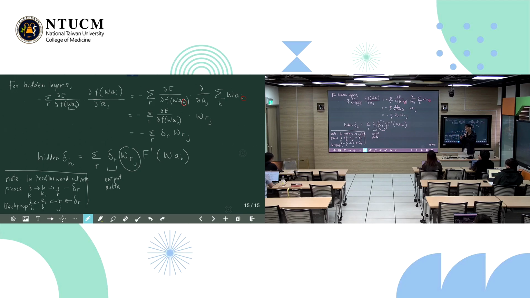So my delta is a reduced proportion of the actual output delta. Okay? So that's what this term shows. This one. All right? Okay.